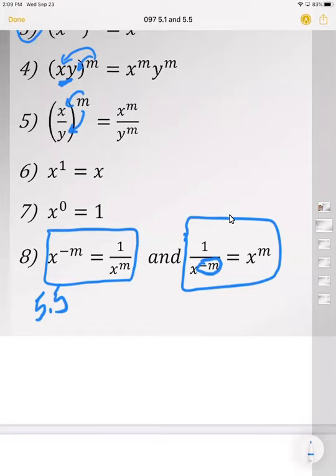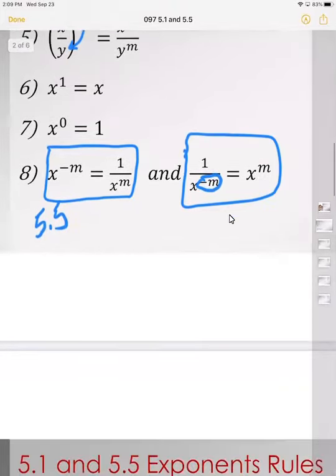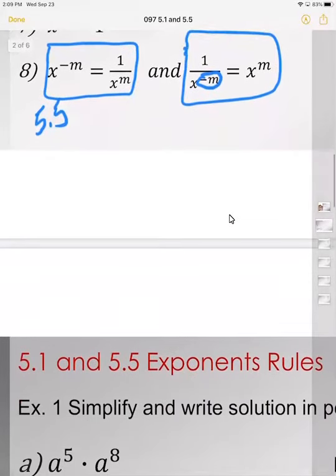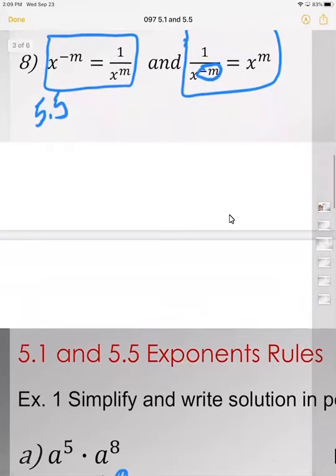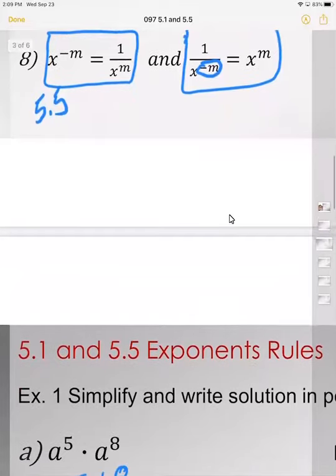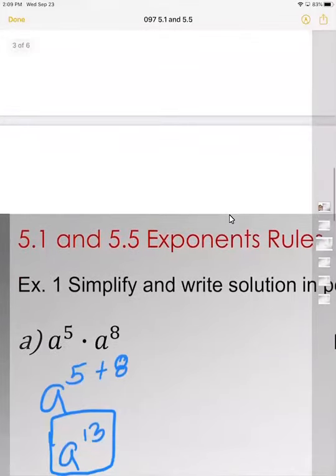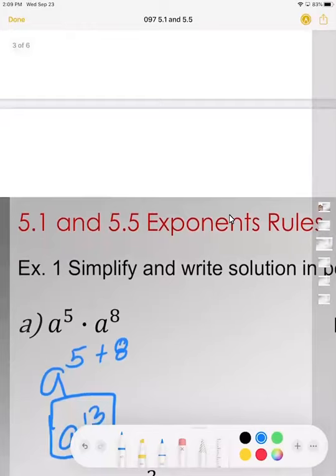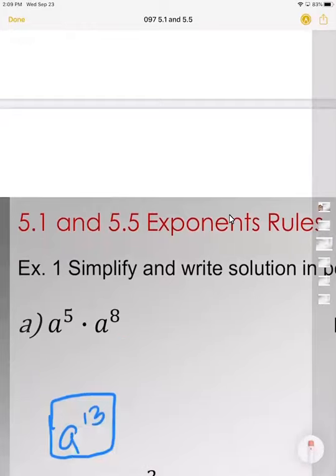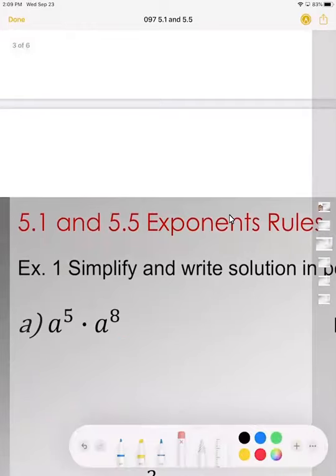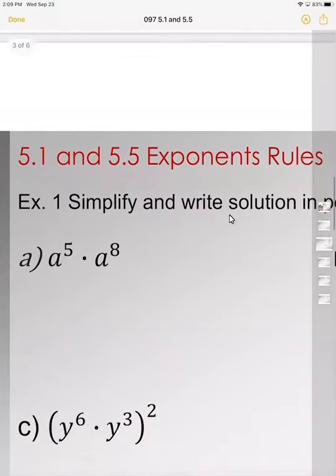So the idea of a negative exponent is that it does not belong where it is. Wherever your negative exponent is at, what you need to do is move it to a different location.